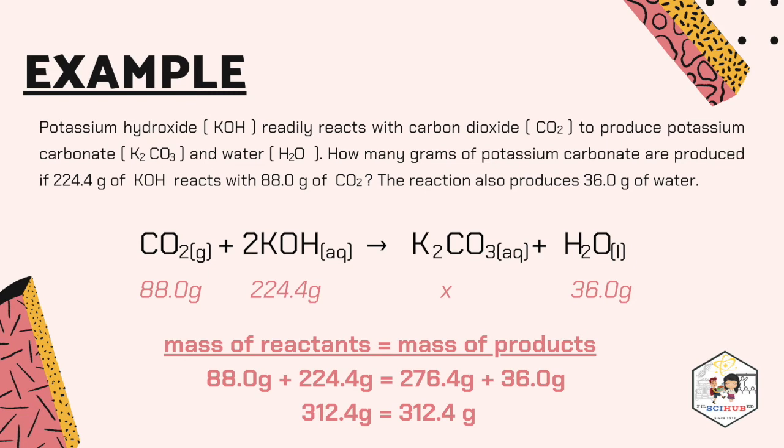Now, if you check both sides of the equation, we solve them and they are actually equal to 312.4 grams. So if we get the same amount for both sides of the equation, we know that we got the right answer. Okay? Kasi nga, again, the law of conservation of mass or matter states that mass in a chemical reaction is neither created nor destroyed.